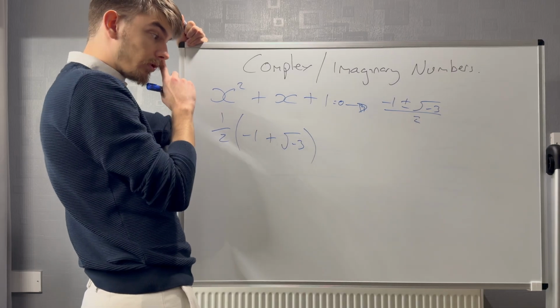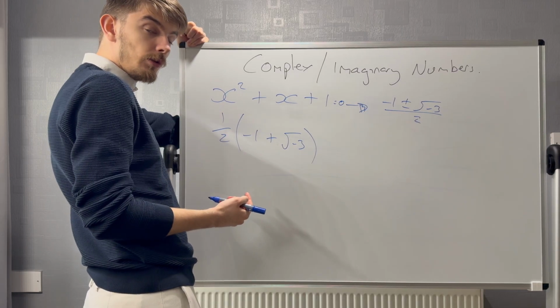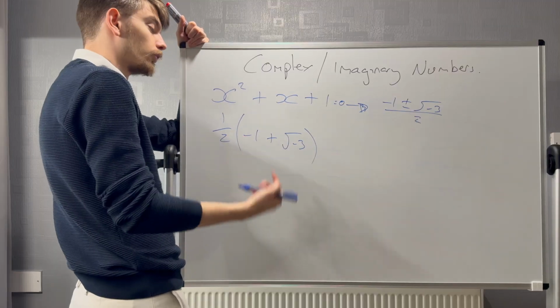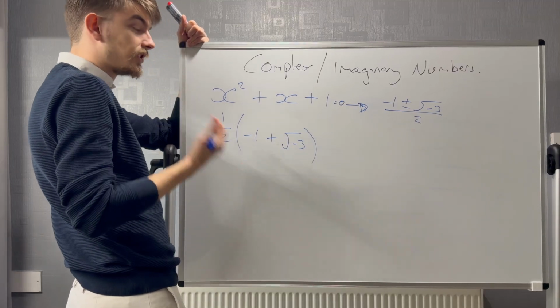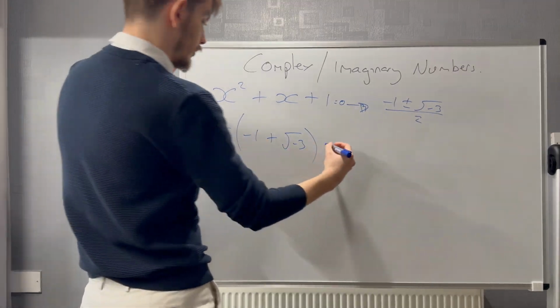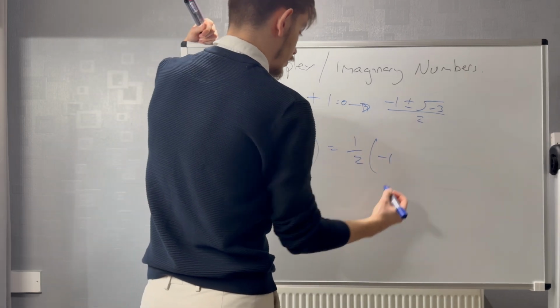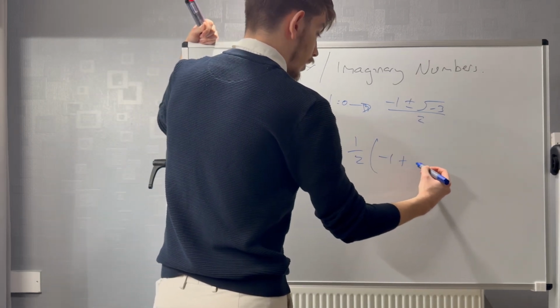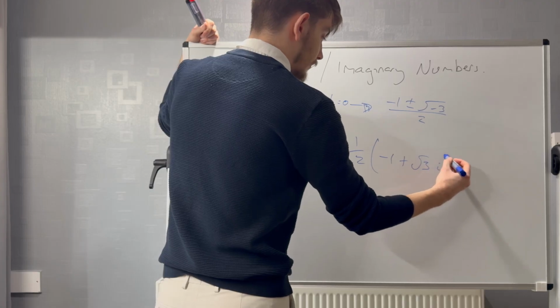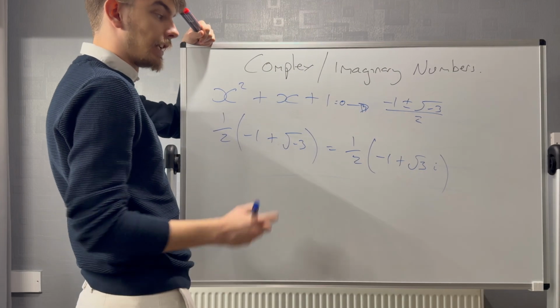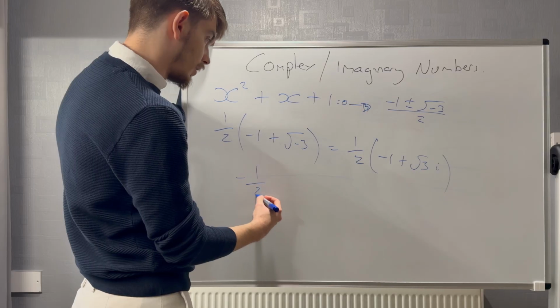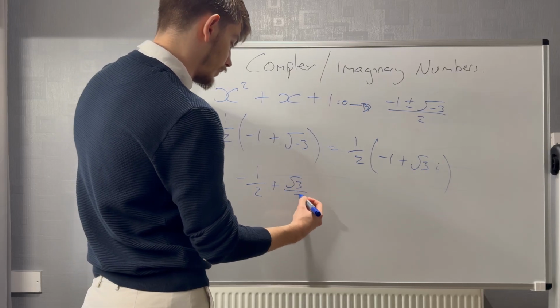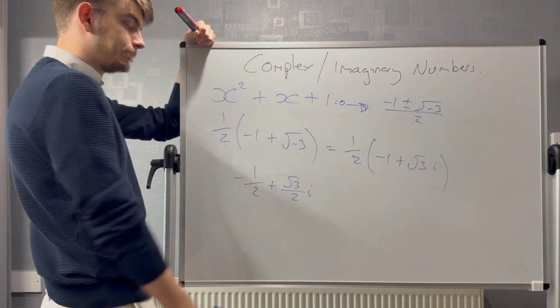Now, from the last board, root minus 3, I know is i times by root 3. Root minus 1 times by root 3. So it is half times minus 1 plus root 3 times i. And if I expand that, I get minus a half plus root 3 over 2 i.